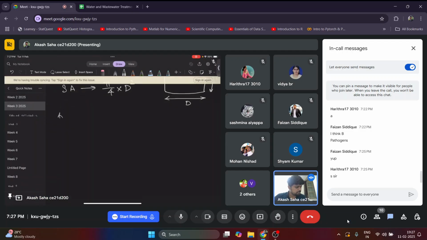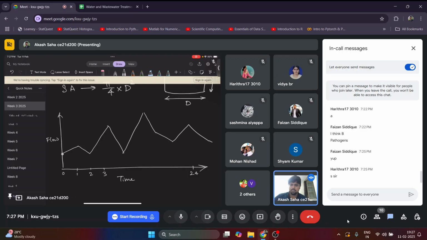Suppose I am making a graph. So here is my flow, and here is time. From the 0th hour, 0, 1, 2, 3, like that up to 24 hours, I have marked the points. So suppose first the flow was this much, then it increased, then it decreased, then again it increased, then it decreased, and again it increased, like this the flow is there.